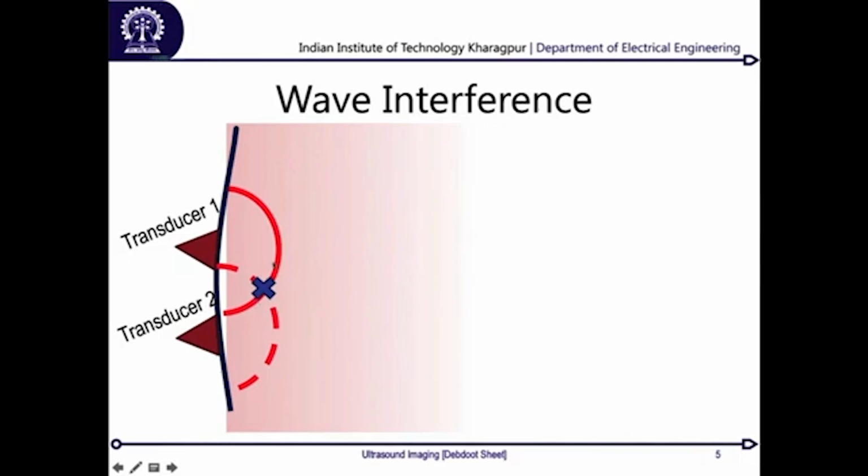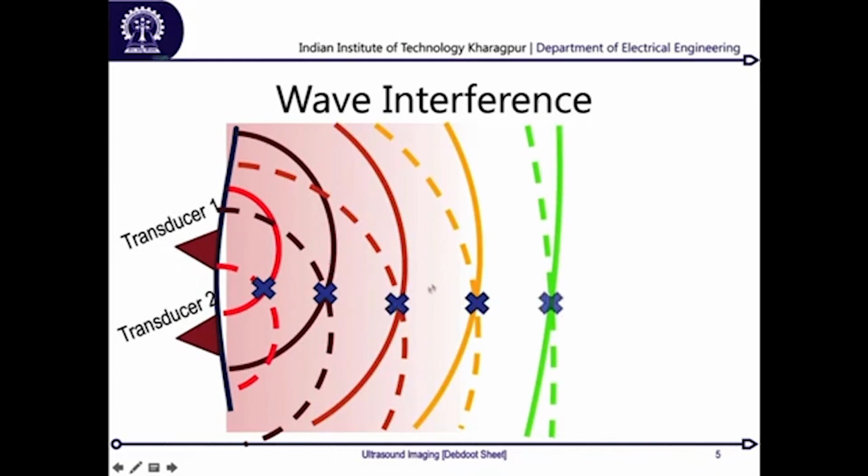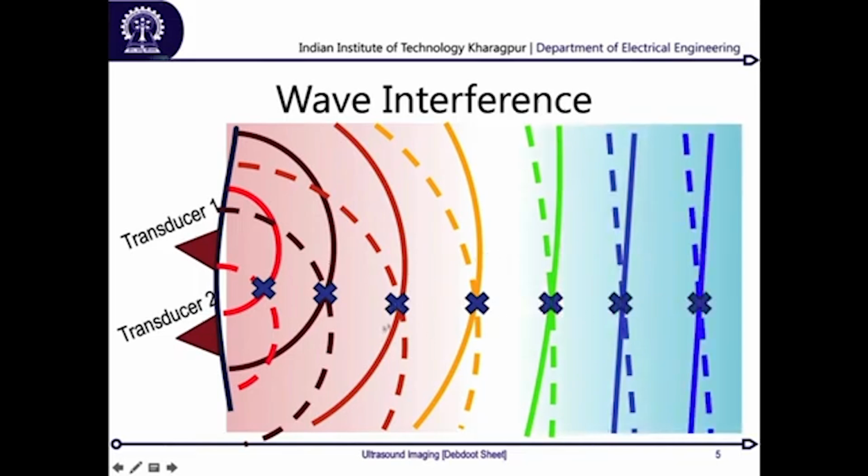Okay. Now, as this propagates and completes one time cycle and goes to the next time cycle, there also again the waves will be interfering with each other, so you will have this point which has the highest magnitude. Over time it will keep on interfering, and this is how these interference points will be defined. If you look clearly at the total acoustic pressure, or the total acoustic power present in this media, it is maximally concentrated along these points marked by a cross.